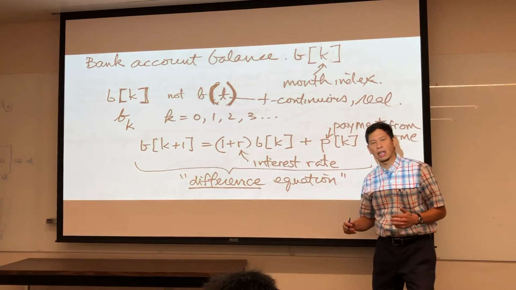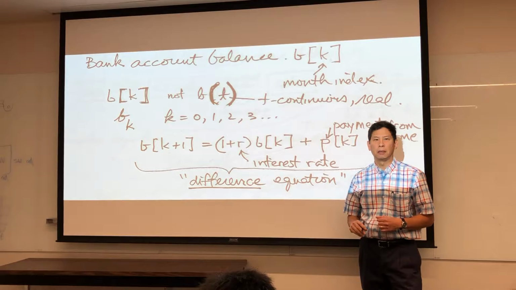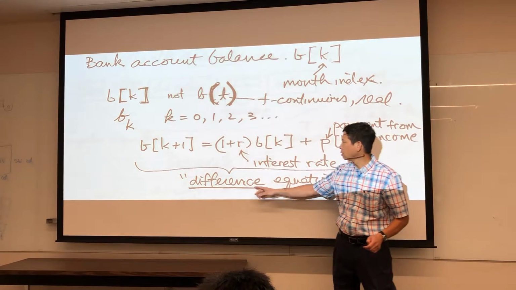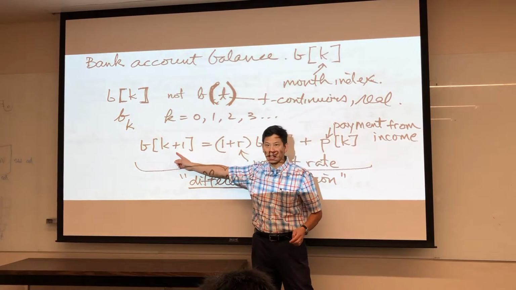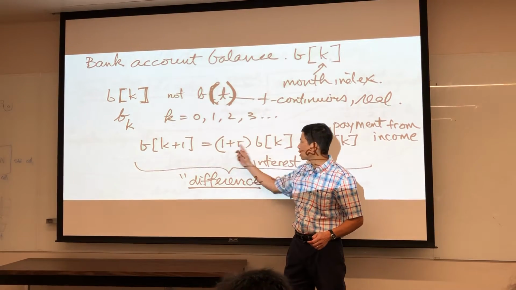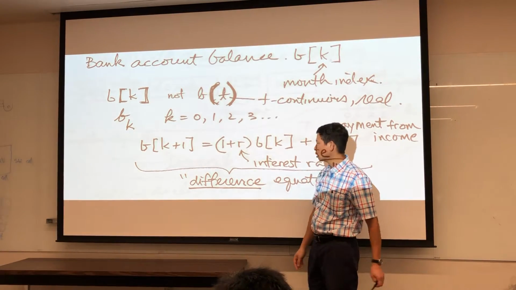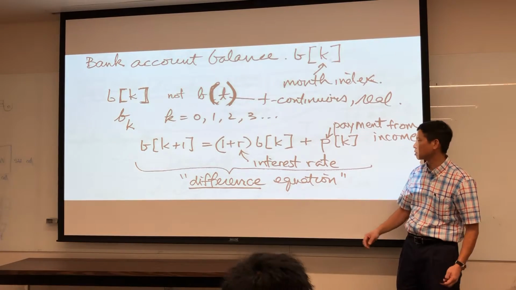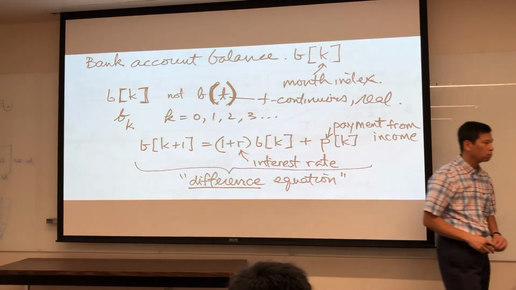Calculus in continuous time uses the differential, d by dt. In discrete time, we have this idea that there's something different at the next sample time compared to the present sample time. In this case, it happens to be a scaling by 1 plus r, like 1.1, 10% interest. So we call that a difference equation.